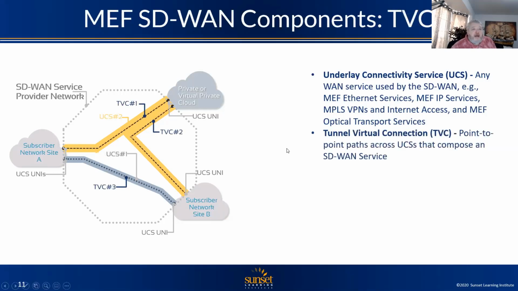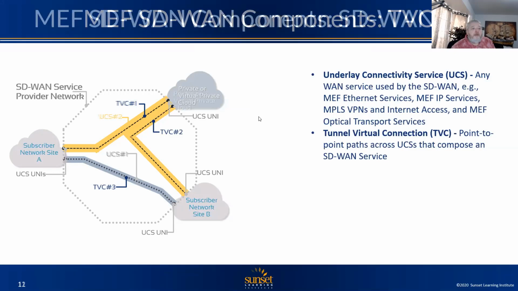In addition to that, on top of the UCS, we run these things called tunnel virtual connections, TVCs. And the TVC represents a point-to-point link from one site to another across the UCSs.